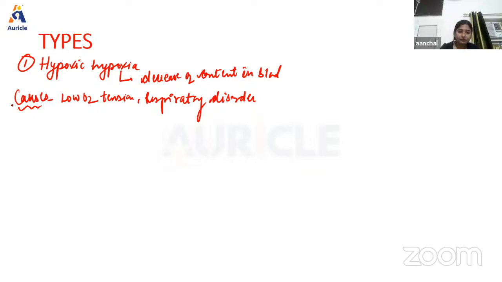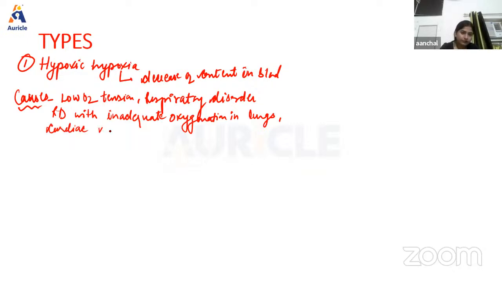Then respiratory disorders which are associated with inadequate oxygenation in lungs. Then also cardiac disorders, in which enough blood is not pumped. So these are the main causes of hypoxic hypoxia.